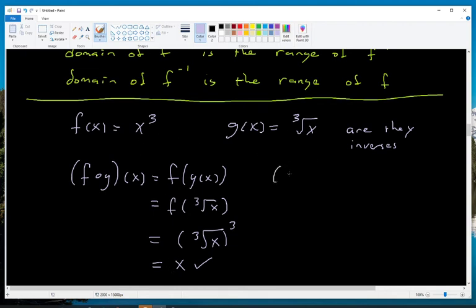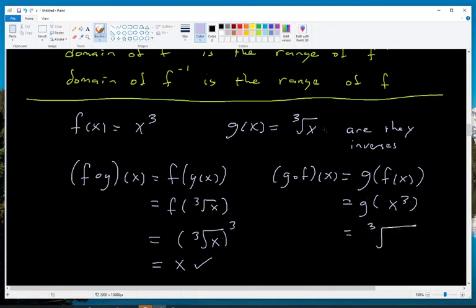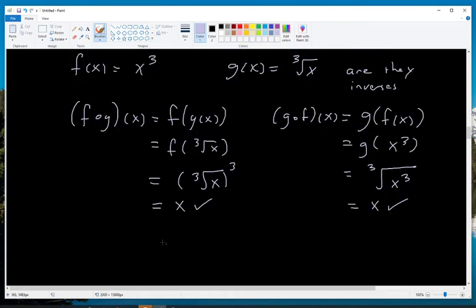So we need to check the reverse order now, because you have to check both of them. This is what about g of f of x? So that's g of f of x, where f of x is x cubed. This now says take the x value in the g function, the cube root of x, and replace the x with x cubed, so we get the cube root of x cubed, which is just x. So in this case, yes, they are inverses.